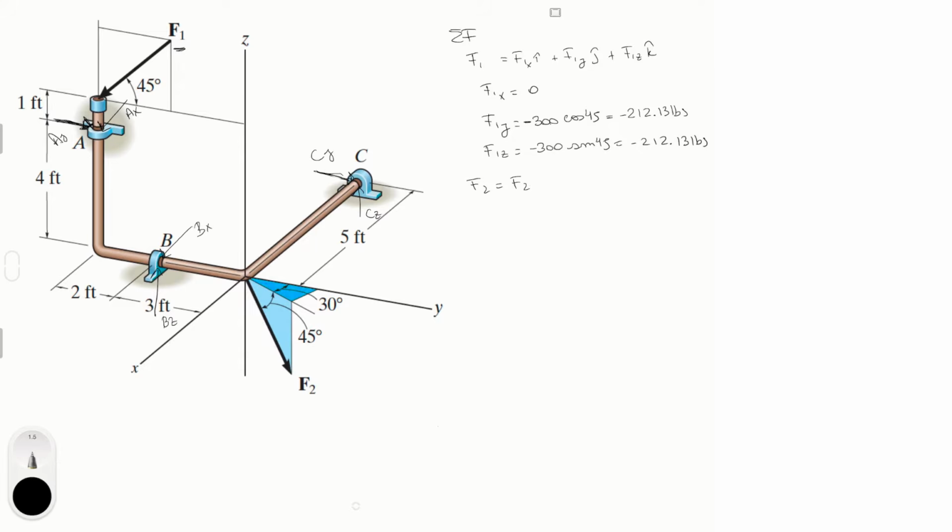So now we got to do the same thing for F2. F2 has an X component, a Y component, and a Z component. The X is equal to the magnitude of F2, remember, stated in the problem, was 250. It's positive because it's going towards the positive X-axis. The force that we're trying to find, you could depict it here.